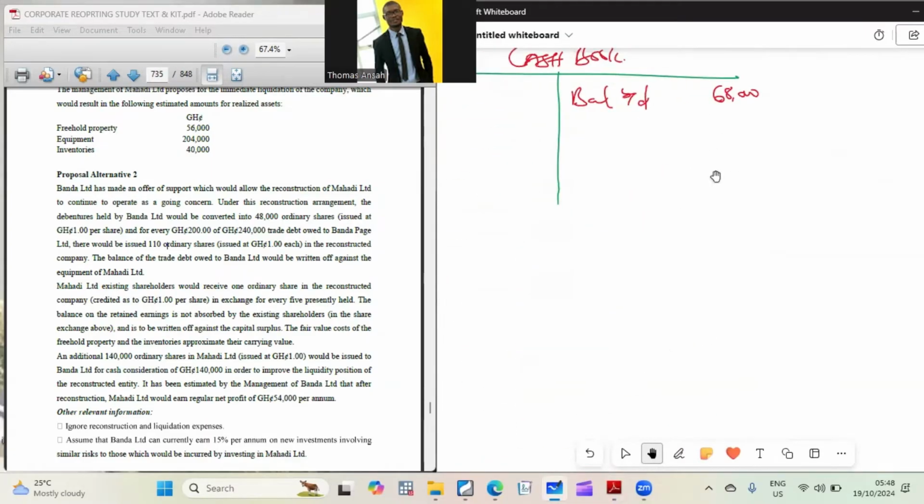We've been doing it in earnings per share. This is the money. The money is 240,000. So for every 200 inside that 240,000, they are going to give him 110 shares. So how many shares will he be getting? The total shares is how much?